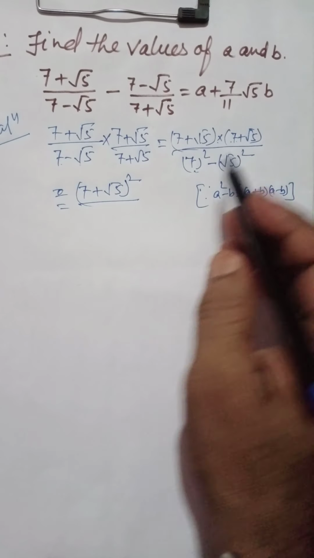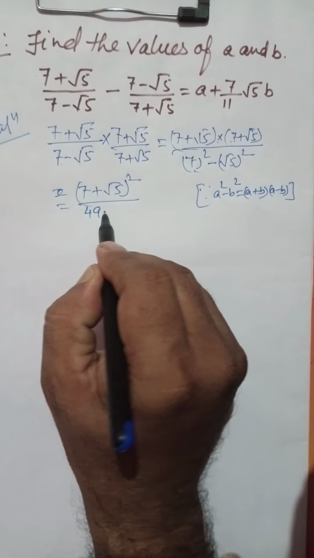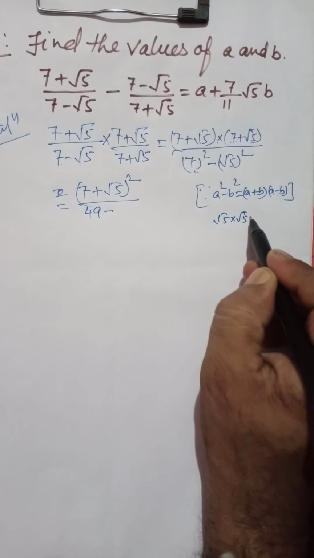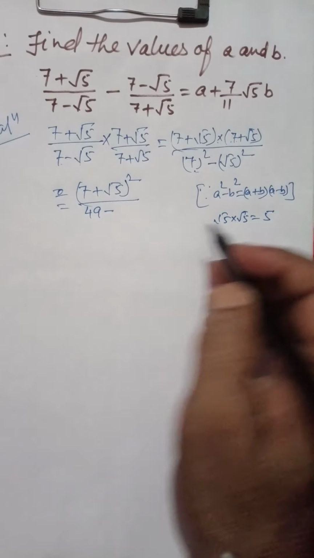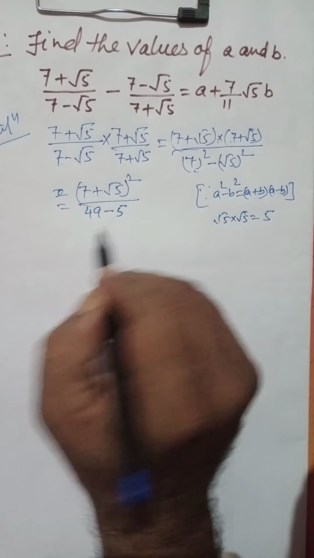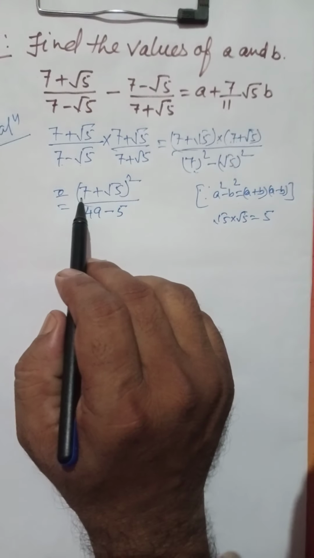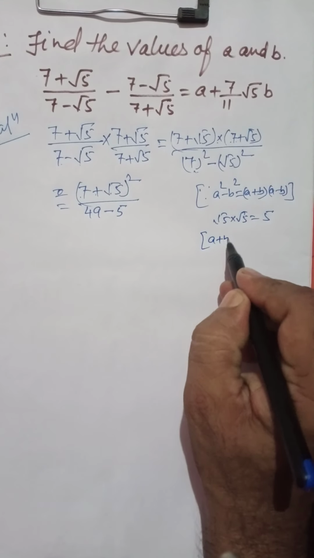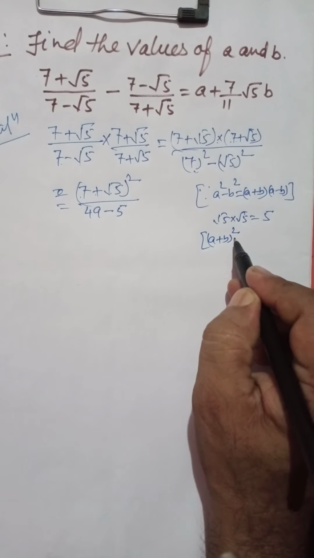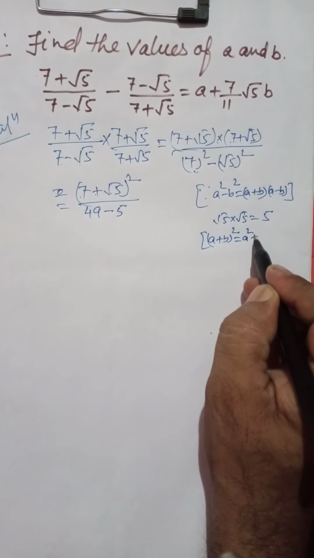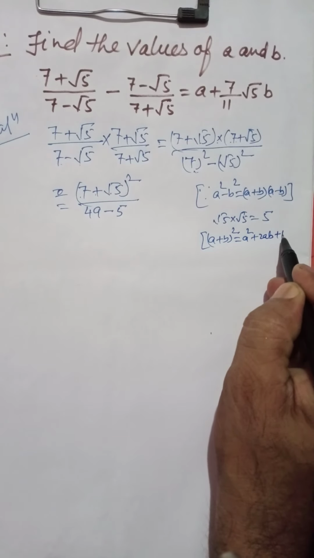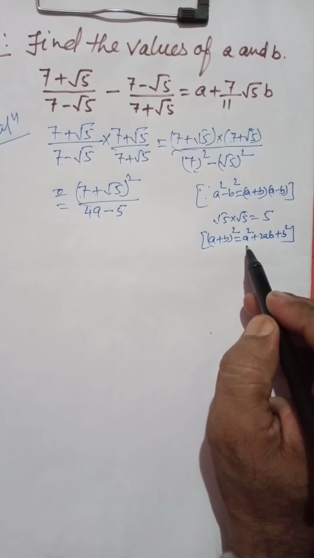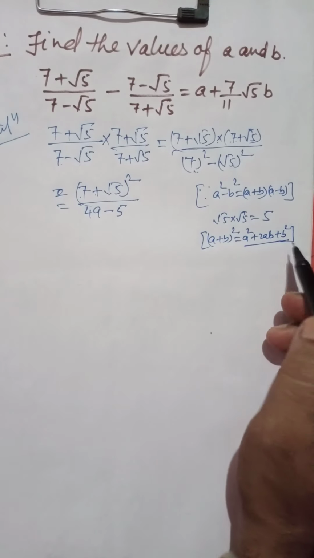Now 7 square is 49 minus root 5 multiplied by root 5, we will get 5. So write here 5. Now expanding 7 plus root 5 in the form of (a plus b) whole square, we can expand it, that is a square plus 2ab plus b square.